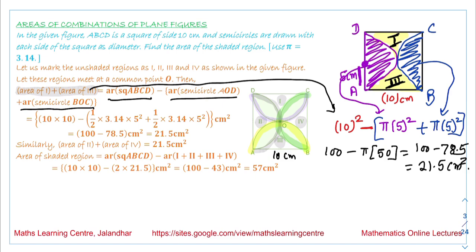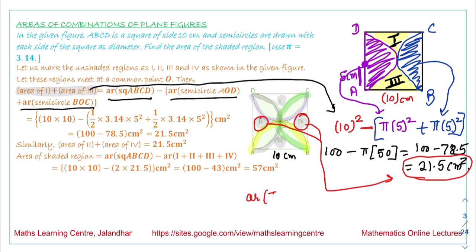Similarly, if we calculate the area of region 2 plus 4, the sum of these two regions, it also comes out to be 21.5 centimeter square. Now the area of all these four regions, region 1 plus 2 plus 3 plus 4, is 2 times 21.5, that is equal to 43 centimeter square.